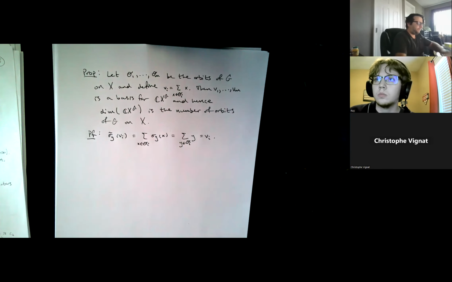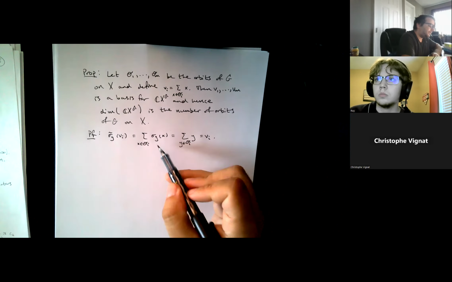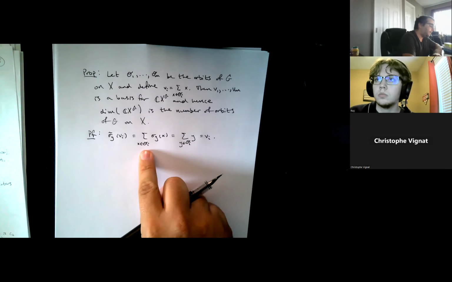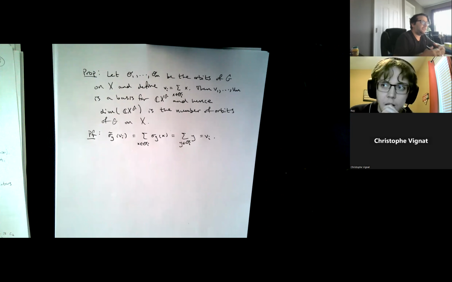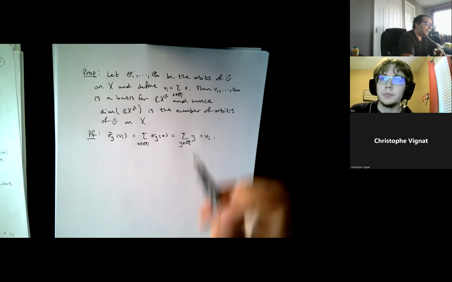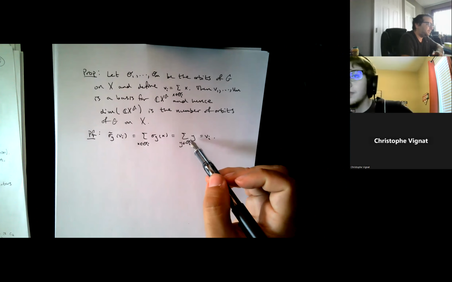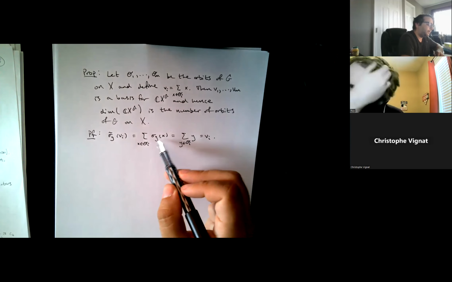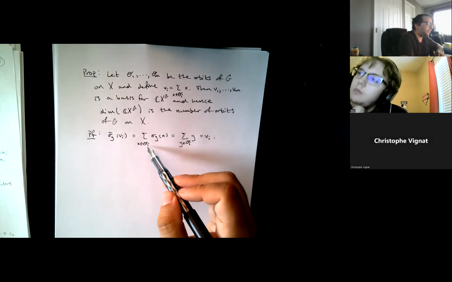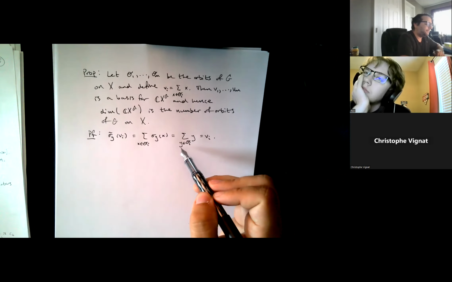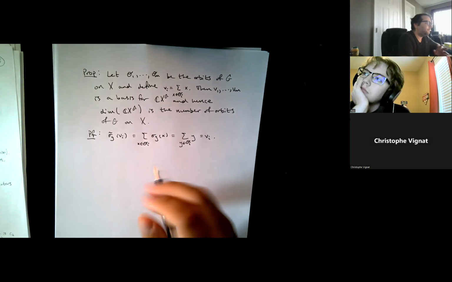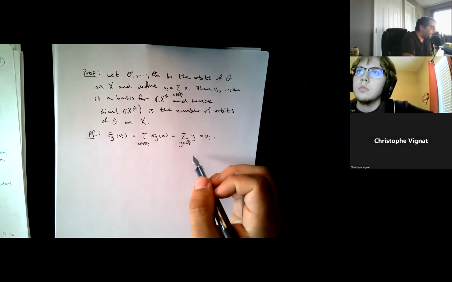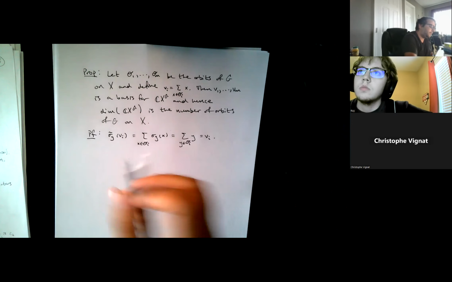This follows from the fact that sigma G just permutes the elements of the orbit Oi. Remember, sigma G is a bijection, and so this allows us to do a substitution: if x ranges over every element of the orbit, then sigma G inverse of x will also do that.